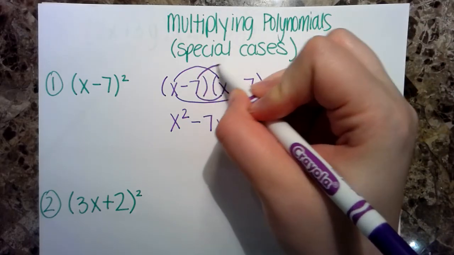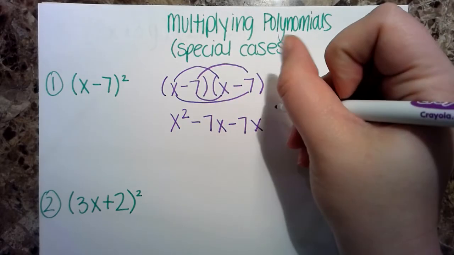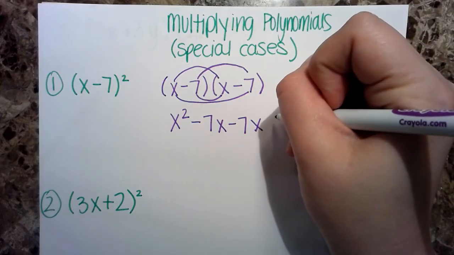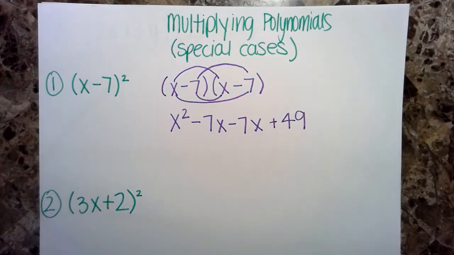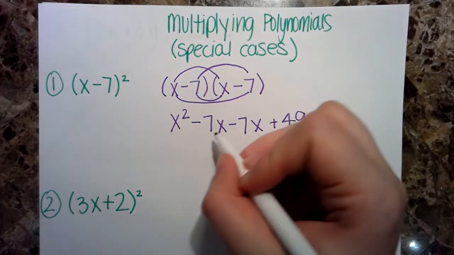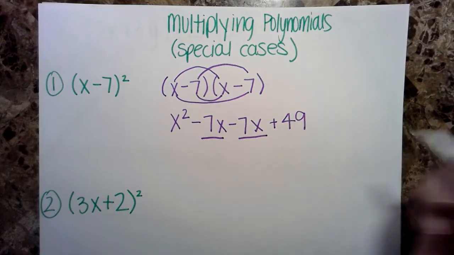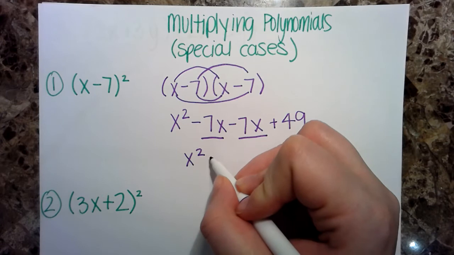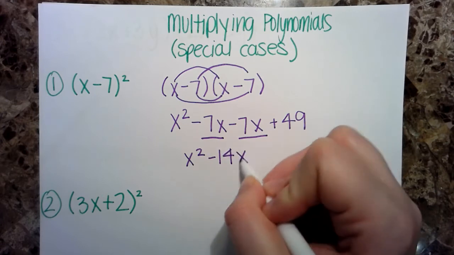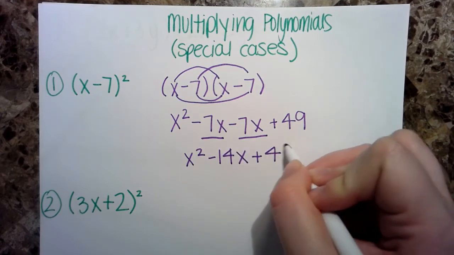And then your last: negative 7 times negative 7 is a positive 49. From there, we're going to combine like terms, the negative 7x and the negative 7x. So you're going to get x squared minus 14x plus 49.